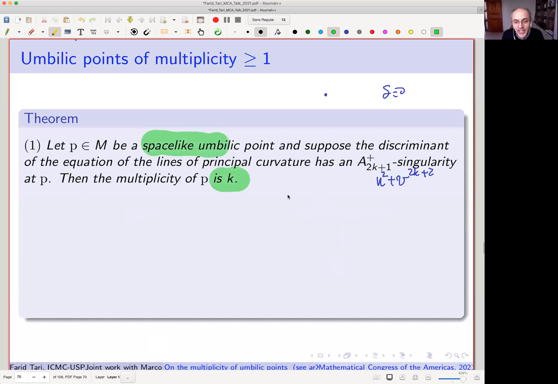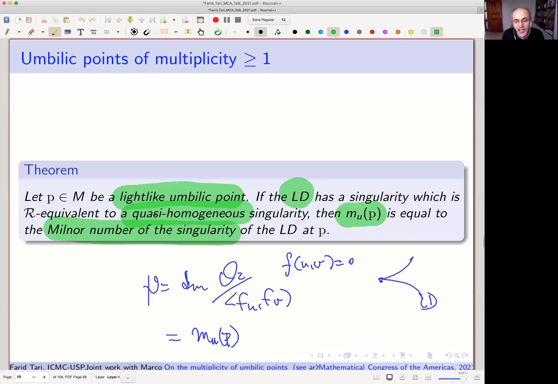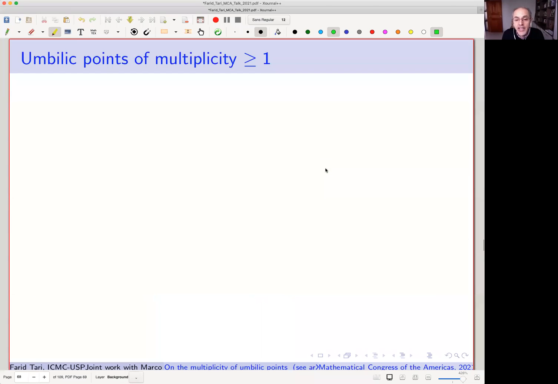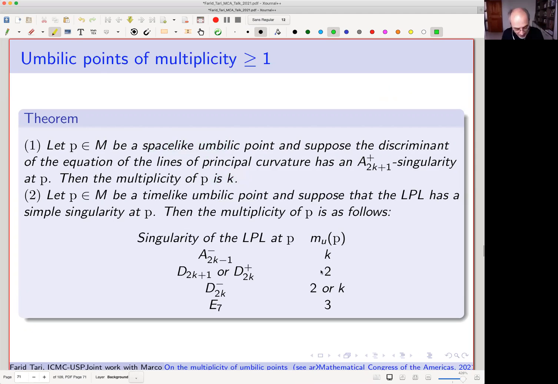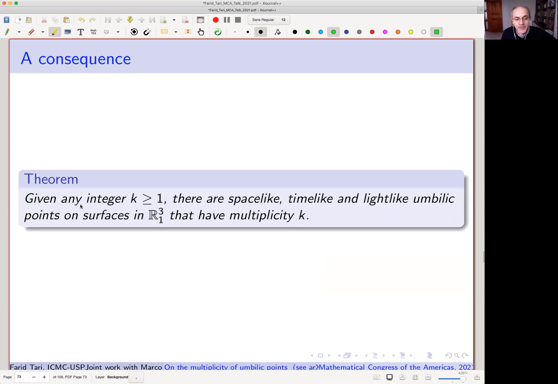As you can see, for the light-like umbilic points, if in the light-like case I have quasi-homogeneous and the Milnor number is k, then the multiplicity is k. Here, if I have a singularity of type A_{2k-1}, then the multiplicity is k, and the same here.